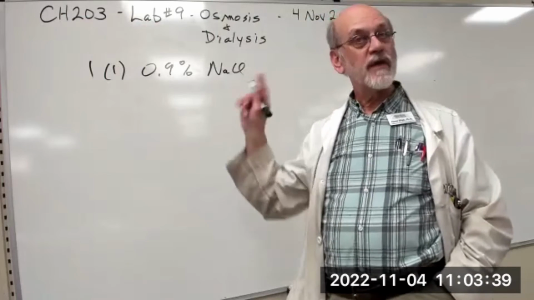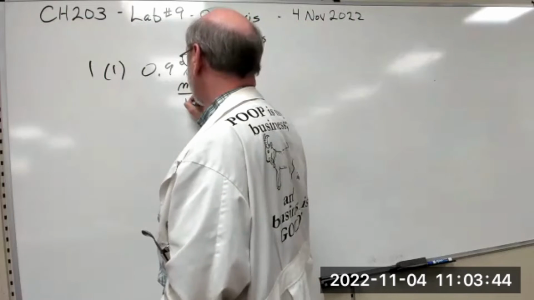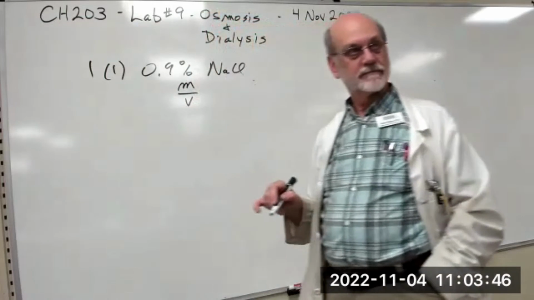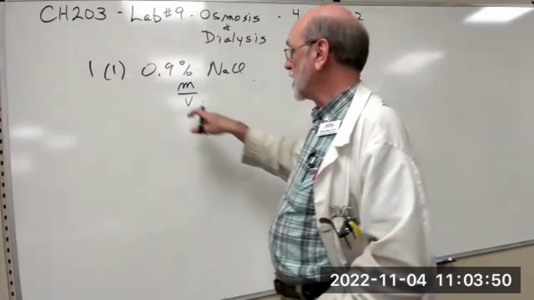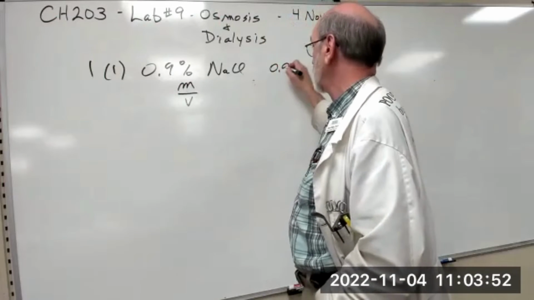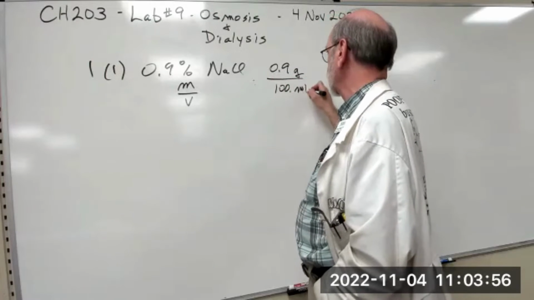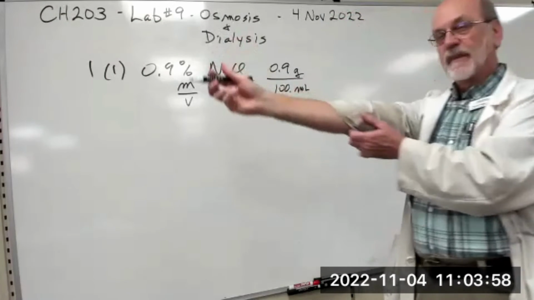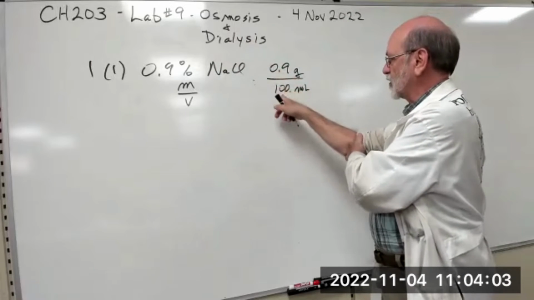So we have to know what that percent means. In this case, it means mass volume. So a 0.9% solution is 0.9 grams per 100 milliliters. That's the 100 parts. This is the 0.9 parts per 100 parts.